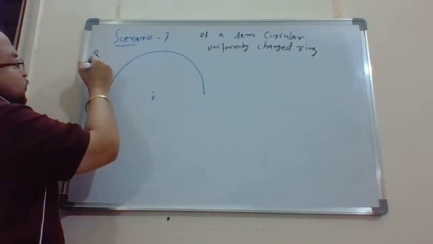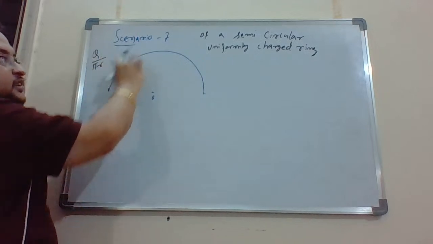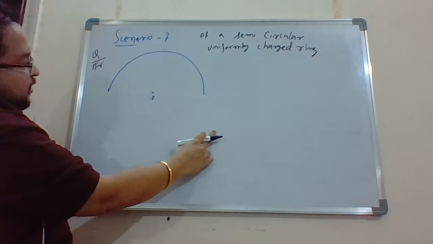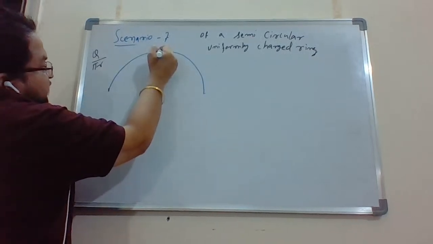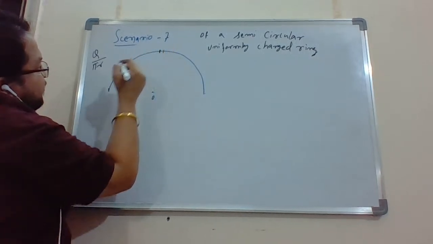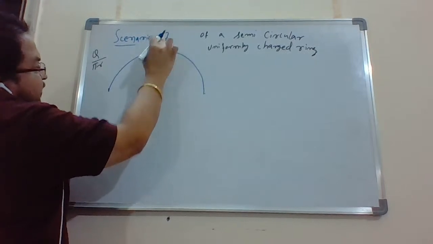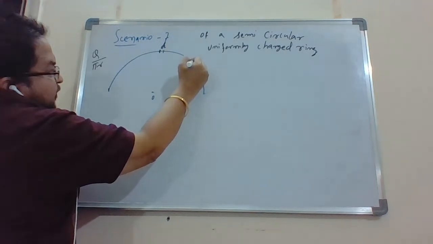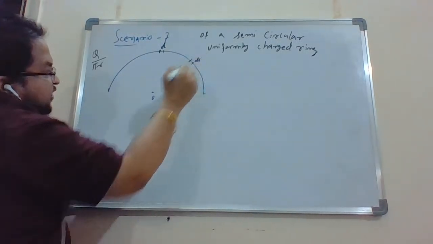Total charge is Q. Obviously, charge per unit length will be Q by pi r because it's a semicircle, rather than Q by 2 pi r. Now, let us take an interval dl somewhere here.